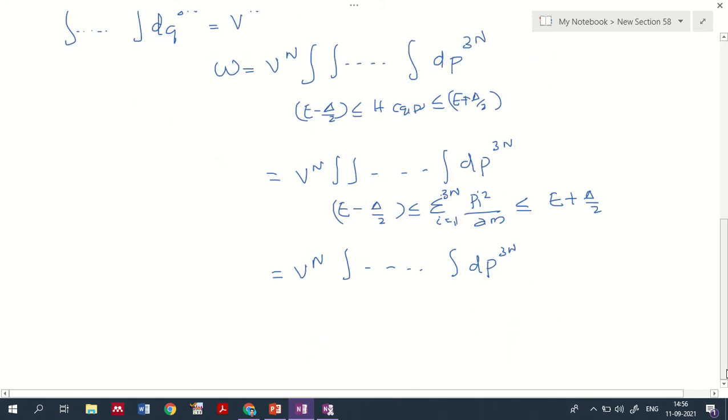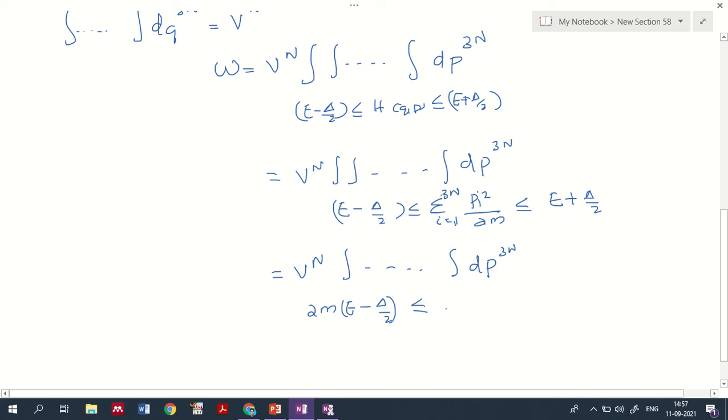if I want to represent in terms of momentum, I can represent this limit, that is E minus delta by 2. So this 2m I can cross multiply, that is 2m into E minus delta by 2.